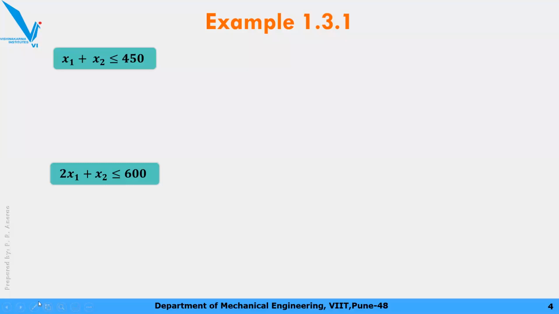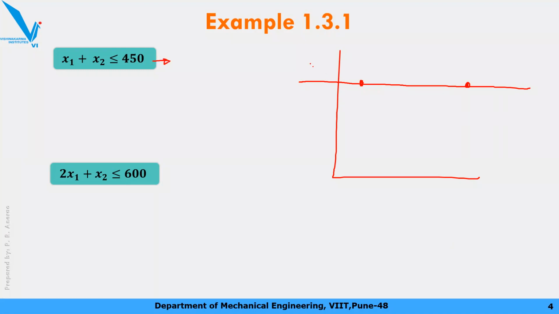Remember, if you would like to draw a line on graph paper, we need at least 2 points. So point number 1 and point number 2, then we are able to draw a line, right? So from this constraint we need to draw this kind of line, for which I need point number 1 and point number 2.